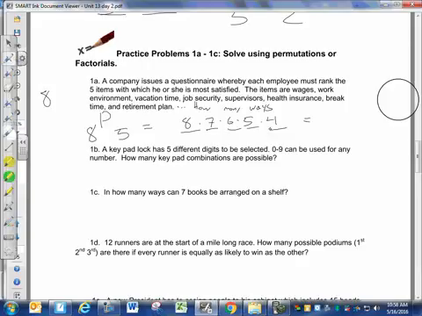Either way works. Now, for certain questions, this won't work. And you should think of it this way with our slots and our number of choices. There's a couple questions on our homework where slots and choices works better than just trying to write it in permutation form and just get it done really quickly.